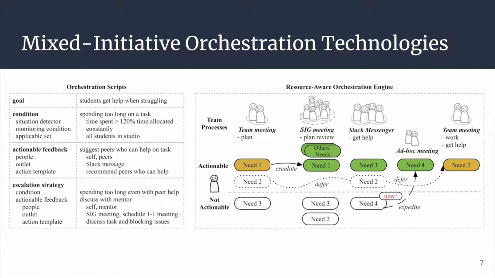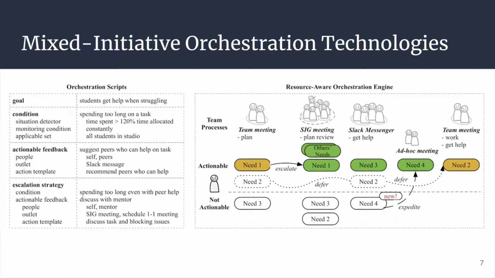Each script encodes a goal that mentors have and want to promote in the community, a condition that determines when the script should trigger based on the existing data in the studio, such as sprint planning data or help-seeking graphs, the actionable feedback to provide when the condition is met, which includes the feedback itself, so for example, seeking help from a certain person, and who it's sent to. So you send to the person itself, or maybe you send to peers to get their help too.